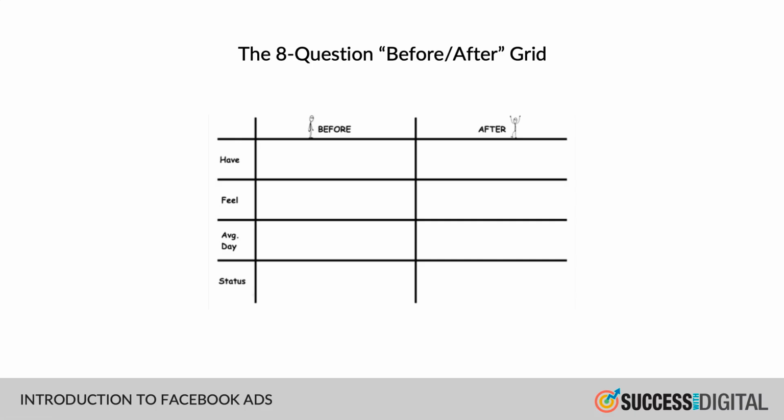But essentially the way that the before and after grid works is that in that before state, there's 4 different things that people have. Or different states that can change. And so it's what they have, so they can have something before and something after, how they feel before and after, what is their average day like before your product or service and after, and does their status change in any way before and after they have your product or service.